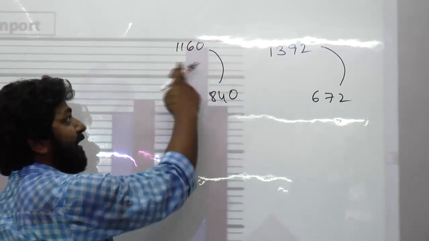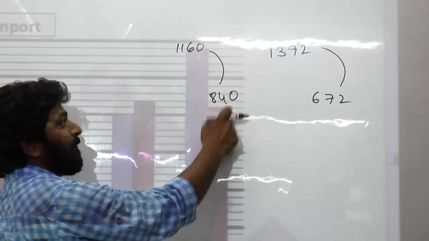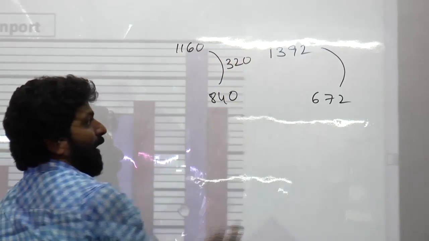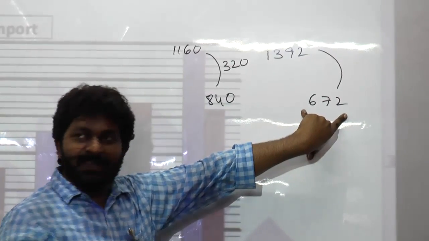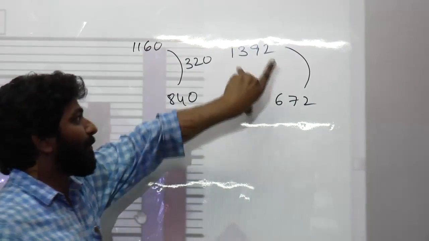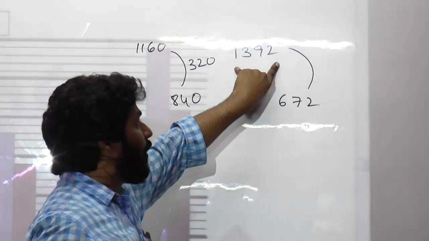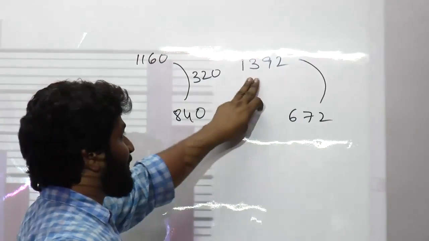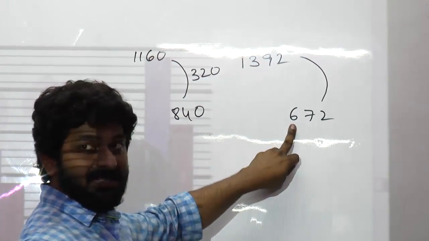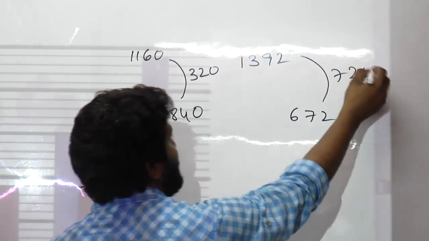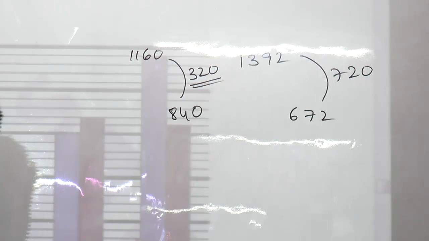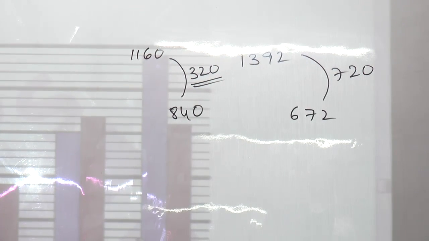What is the difference between 1160 and 840? 320. And the difference between 1392 and 672. Subtract 700, add 28. Or else very easy, 1300 minus 600, 700. 92 minus 72, 20. In 2009, net export is 320 and in 2010, 720.